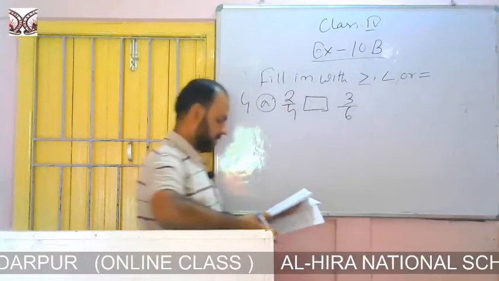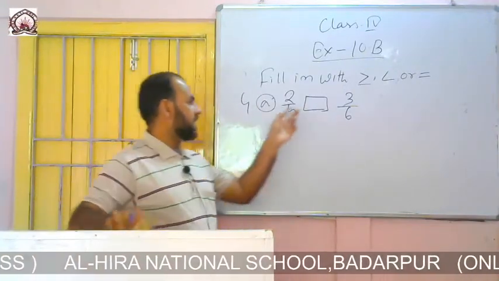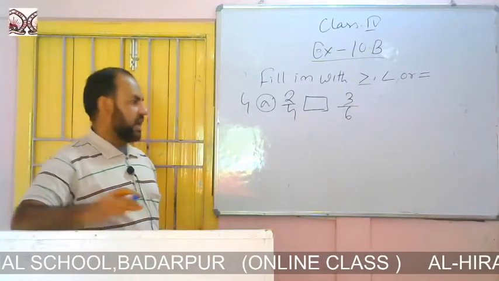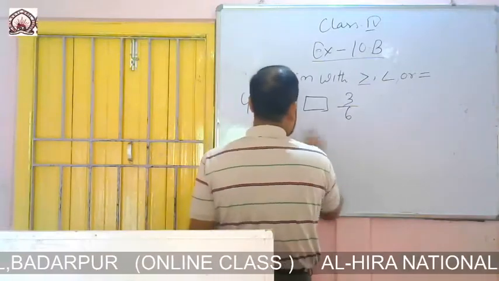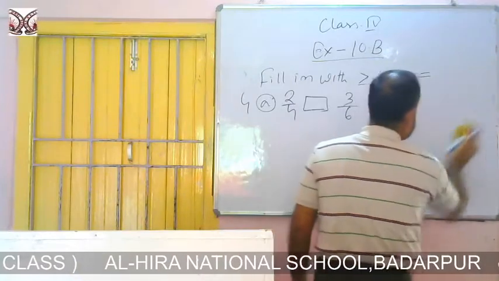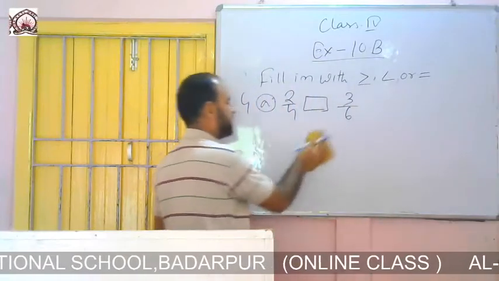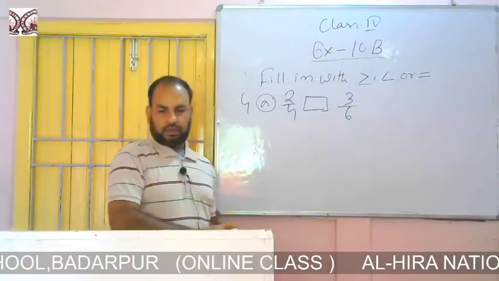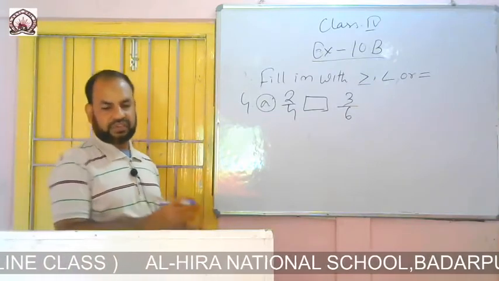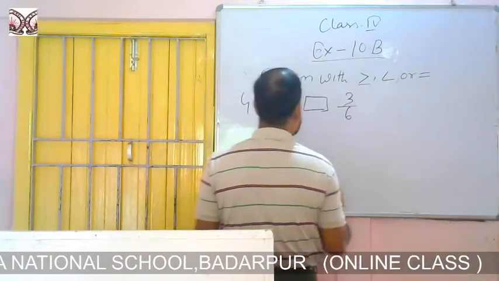So here both fractions are unlike fractions. If fractions are unlike, we compare by doing cross multiplication, or we compare after changing to like fractions.